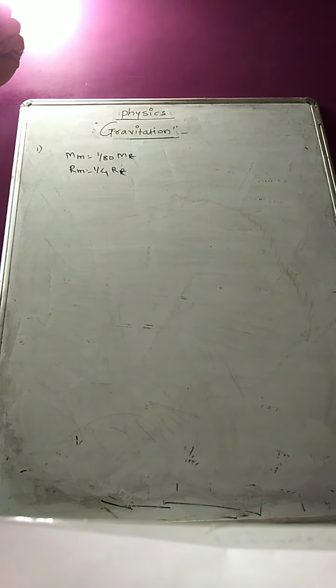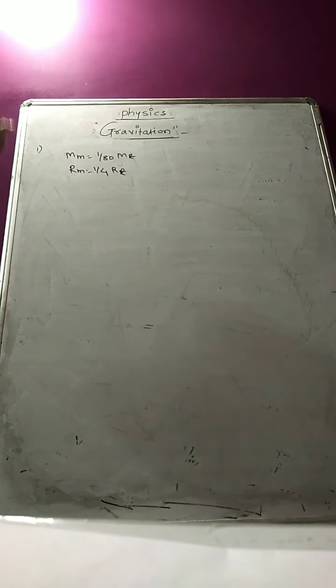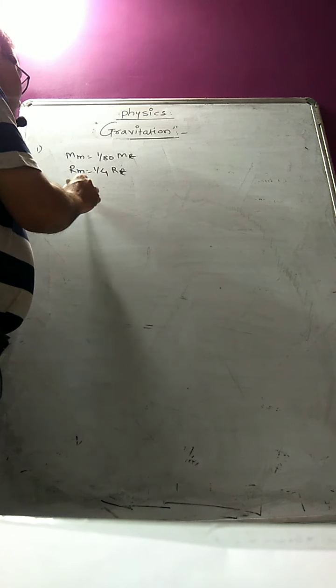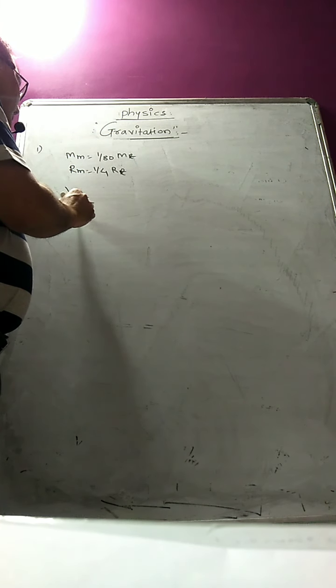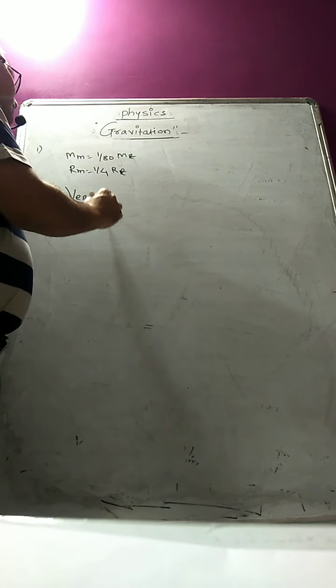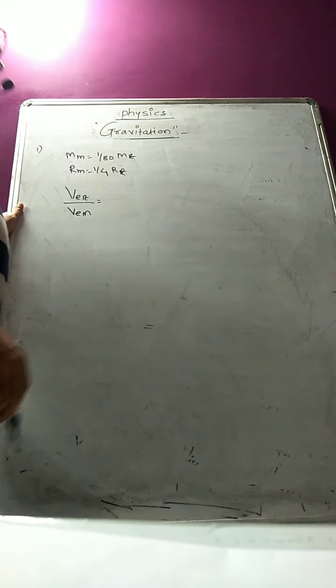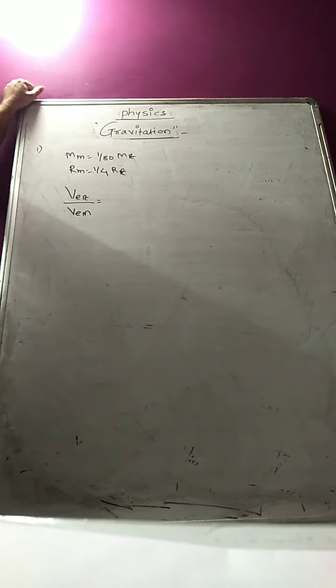What you want to find out is the comparison of escape velocity on the Earth to escape velocity on the moon. So what is the relation of R and M?